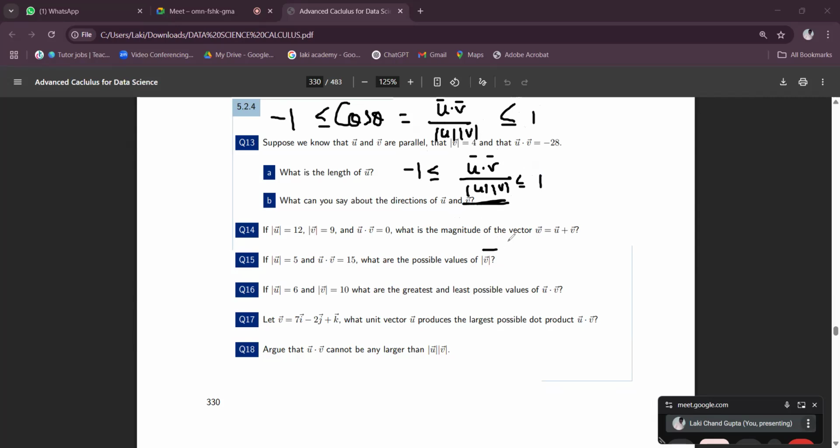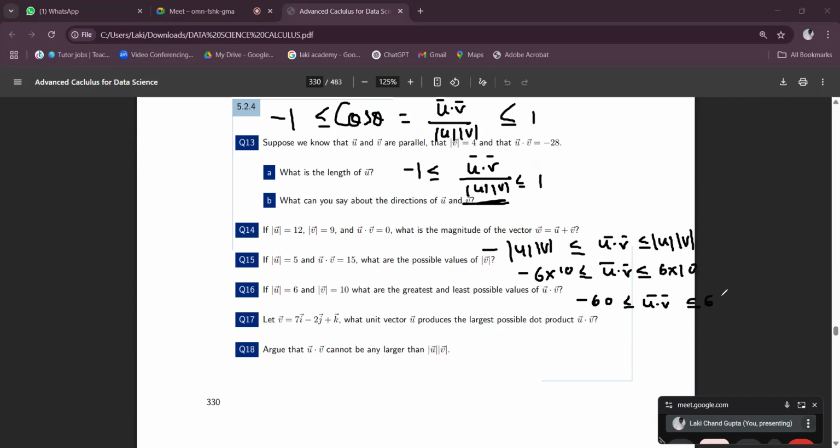So you will get what? The value of u dot v is -60 to +60, right? That's right. This is the possible value.